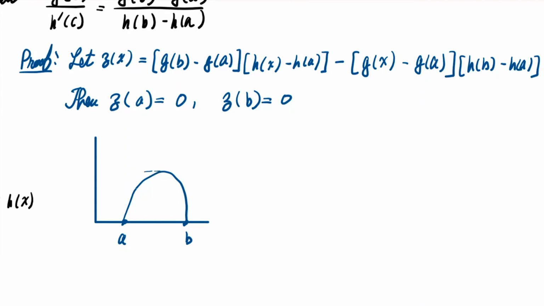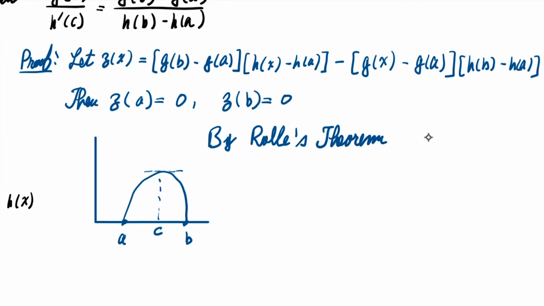Well, then there has to be a c. This is known as Rolle's theorem, the primitive version of the mean value theorem. There is a c where this tangent is parallel to this. So now by Rolle's theorem, or the mean value theorem, there is a c such that, that c has to be in between a and b, right?